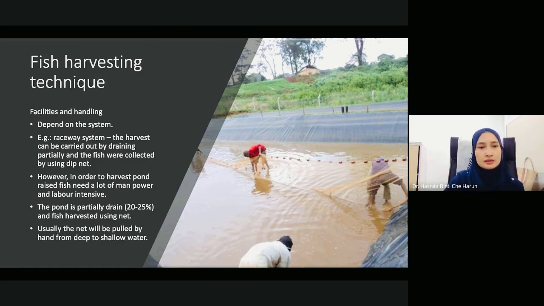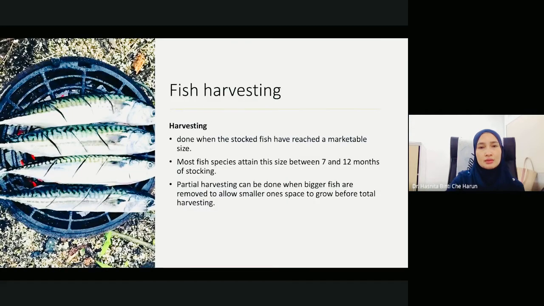The pond is partially drained for total harvesting, and for the partial harvesting, about 20 to 25% of the fish that reach marketable size will be taken out from the pond. So harvesting is carried out when fish have reached their marketable size.